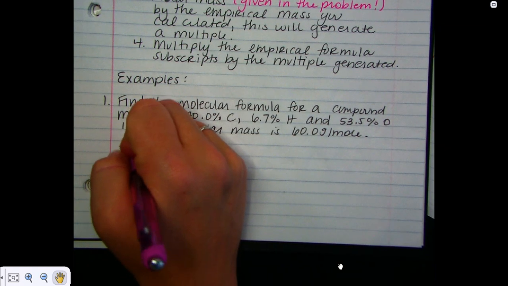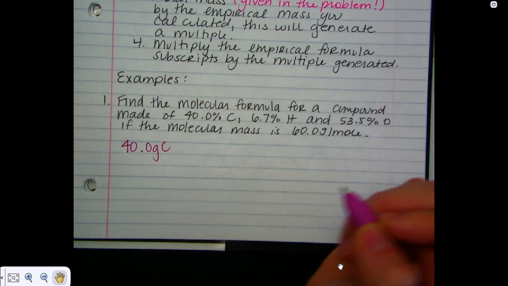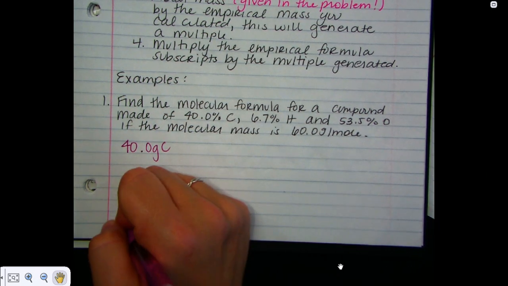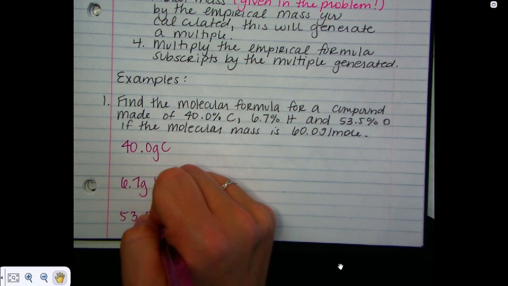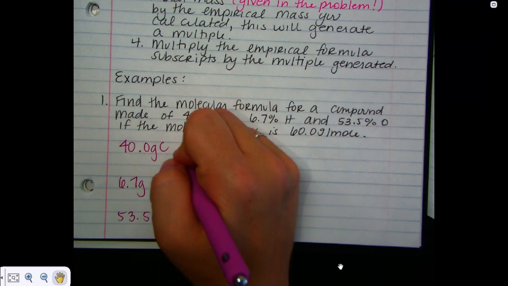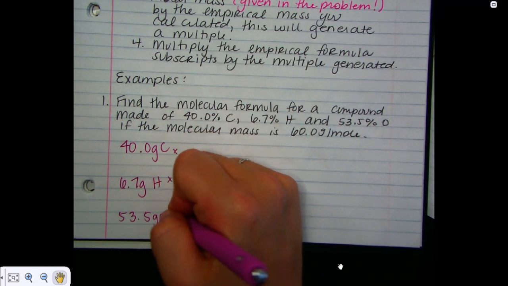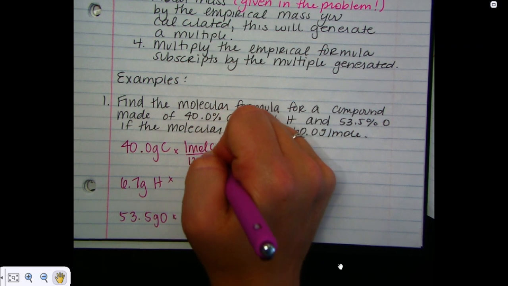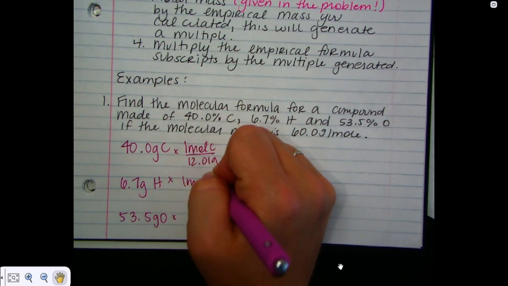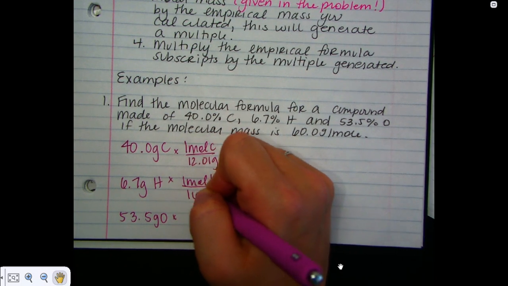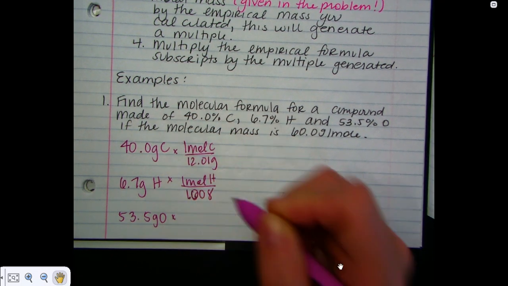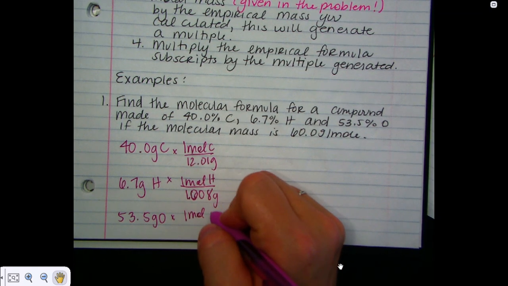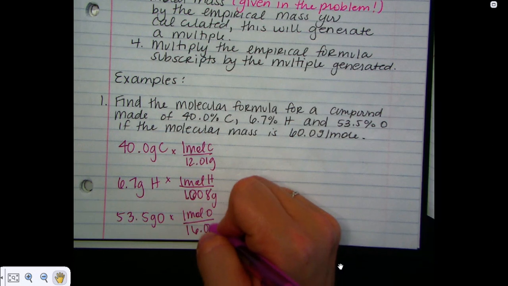So 40.0 grams of carbon, 6.7 grams of hydrogen, and 53.5 grams of oxygen. 1 mole of carbon over 12.01 grams, 1 mole of hydrogen over 1.008 grams, and 1 mole of oxygen over 16.00 grams.